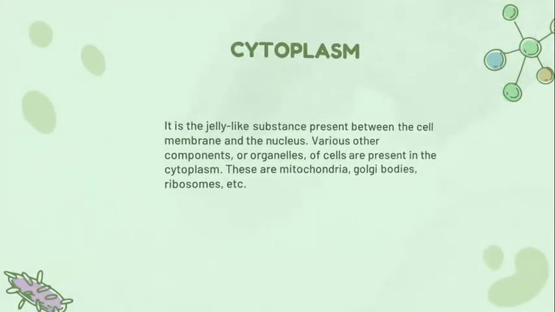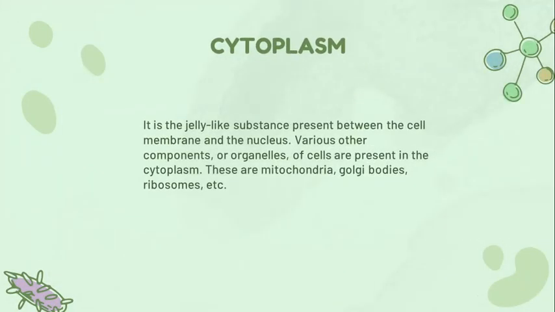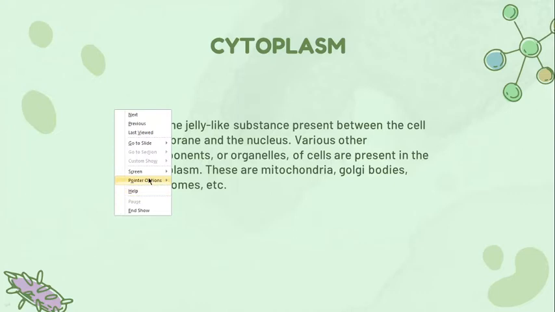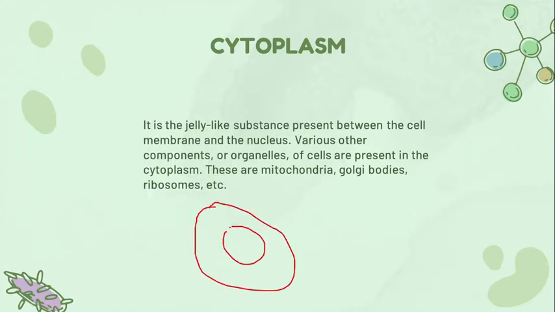Next, cytoplasm. I told you we'll learn about cytoplasm in the next topic, which is this. It is a jelly-like substance present between the cell membrane and the nucleus. I'll just show you. This is a cell with a nucleus and other parts. Along with the membrane and nucleus, the cytoplasm is present in between, which is this part, and various other components or organelles of the cell are present in the cytoplasm.